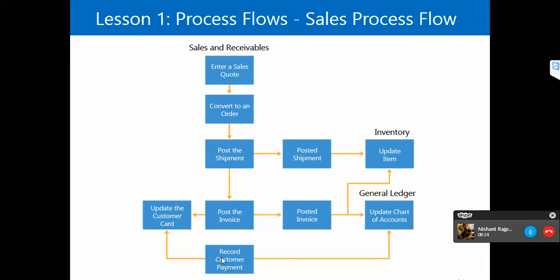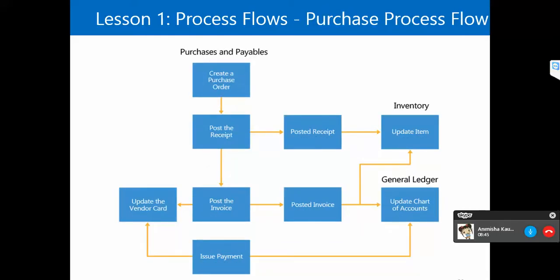So there are three domains related: sales, then finance, and then inventory or warehousing. Similarly with purchase, we have the purchase department, then inventory or the warehouse, and finance.